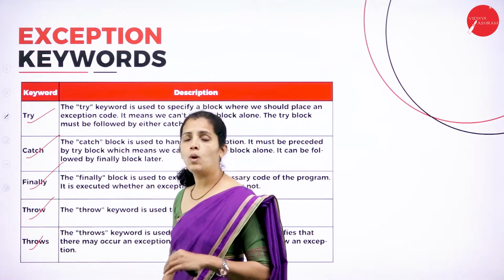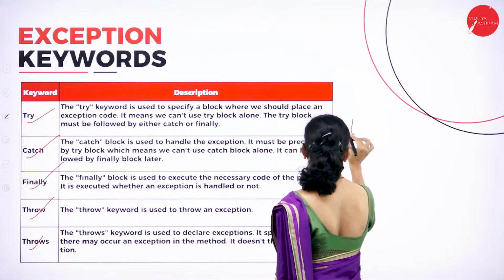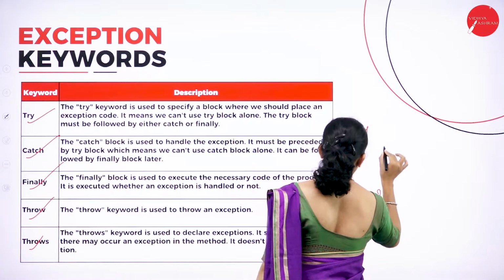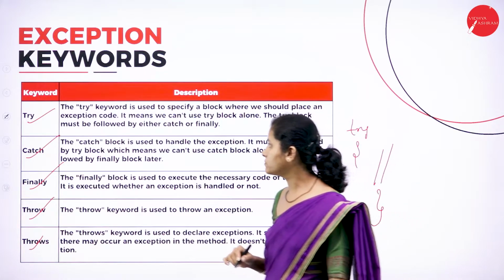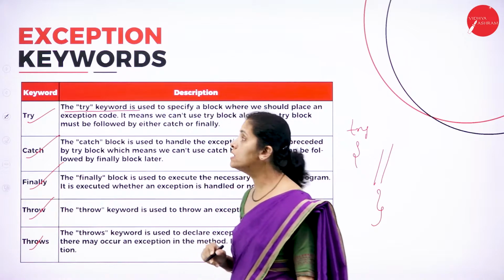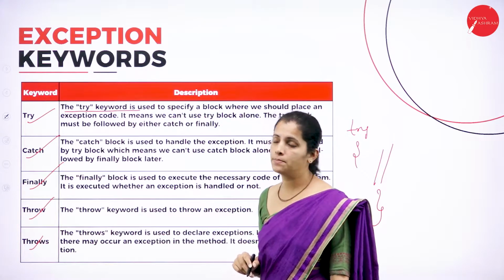Okay, fine. So, what is the need of try? I'm going to write try, and the code I want to execute I'm going to write in the try block. The try keyword is used to specify a block where we should place the exception code.